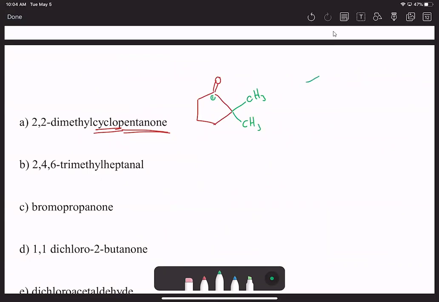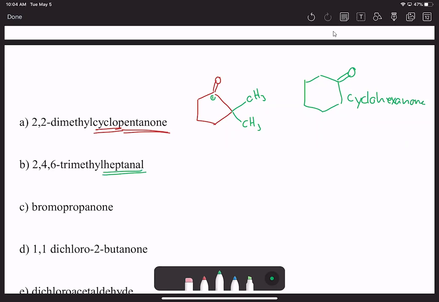So if I draw another structure here, could we name this structure? Yes, we could. This is cyclohexanone. Cyclopropanone, cyclobutanone, cyclohexanone, cycloheptanone, and so on. Here we have heptanal.